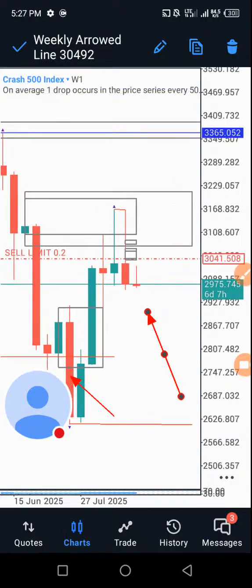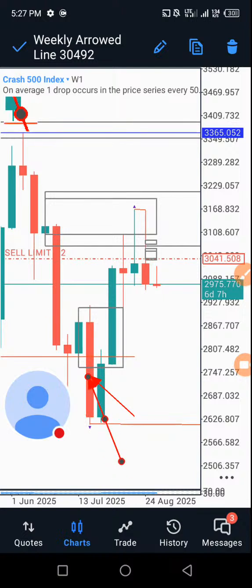So if you look at this particular candle, immediately we have a break of structure with this bearish candle here. You will notice that we started having a kind of buy on the weekly time frame, okay? And we said that this buy gave us these two long candlesticks here.